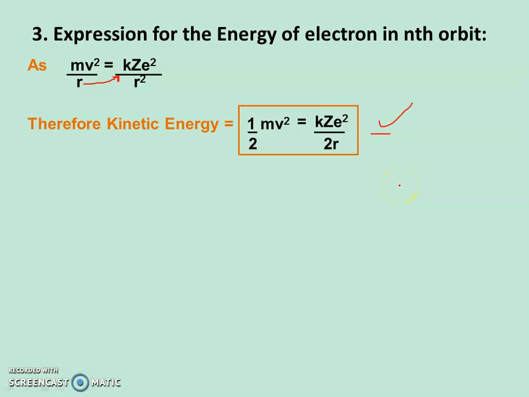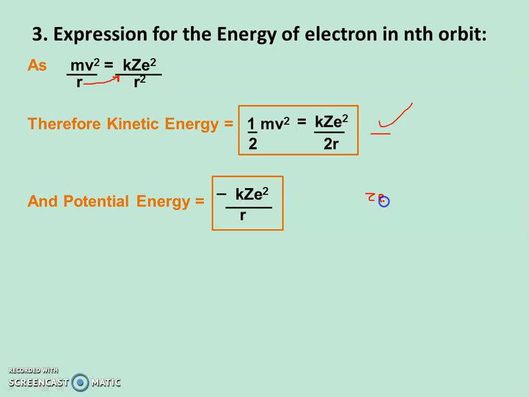Now we have to calculate the potential energy. Potential energy is k Q1 Q2 divided by r. Now what is Q1? Plus Ze. What is Q2? Minus e.